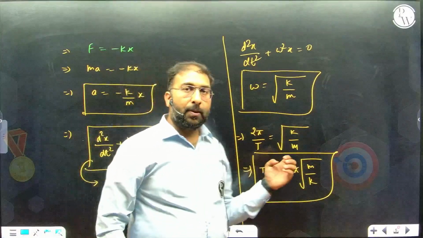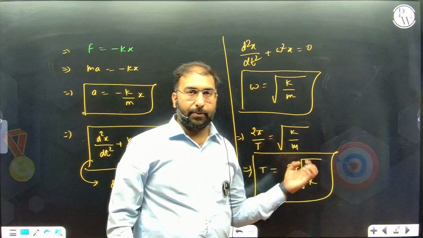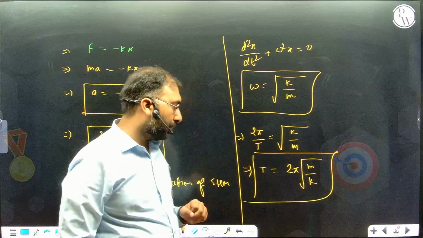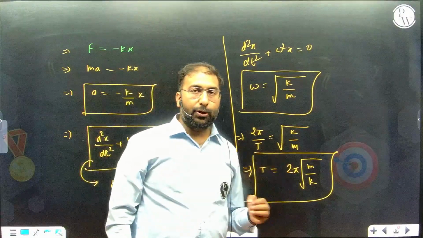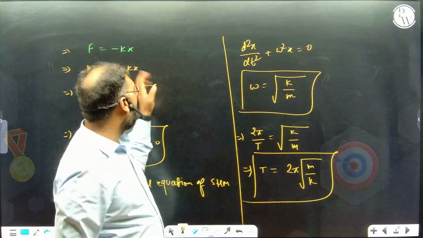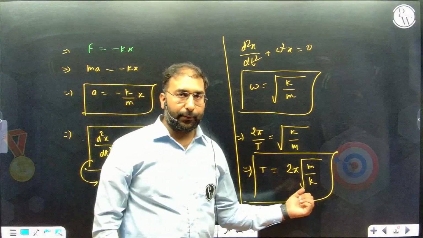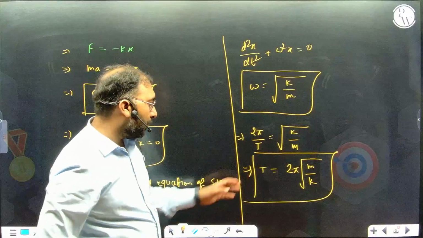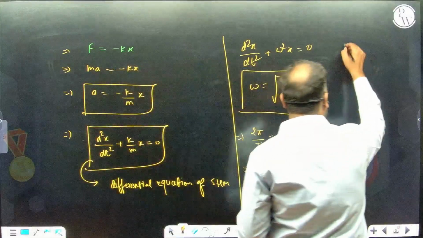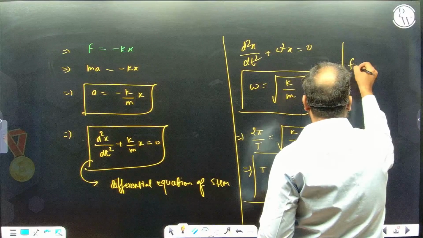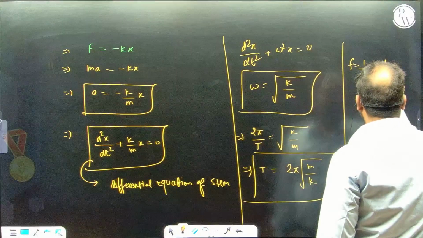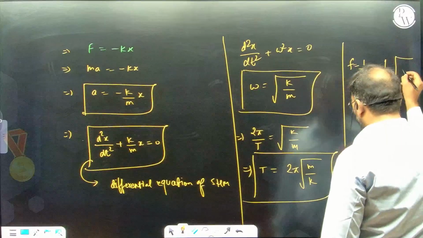I'll pick up some questions where I can show you how we are going to find the time period of oscillation. In that situation you have to write down the force equations, find the value of the SHM constant, then put it here, and directly we'll get the answer. And since we know the time period, we can also calculate the frequency. Frequency is 1 upon time period, so it is 1 by 2 pi under root of k by m.